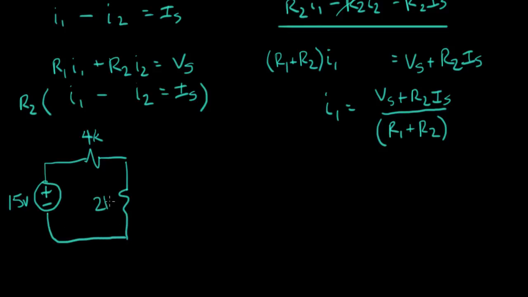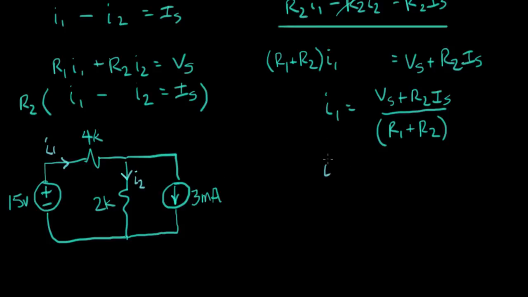We had a 2K resistor here and a current source. And that was 3 milliamps. And we want to discover, this was I1, and this was I2. Those are the 2 unknown currents. Let's see if we can find those.